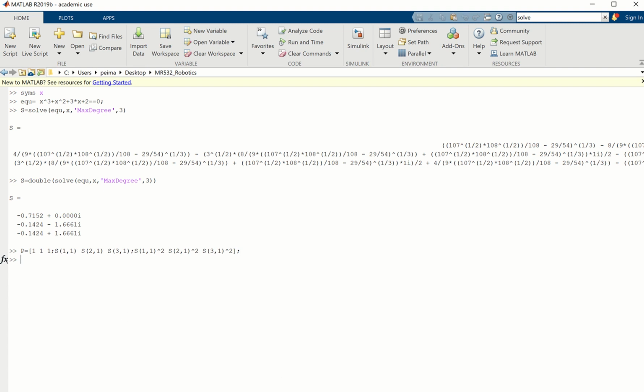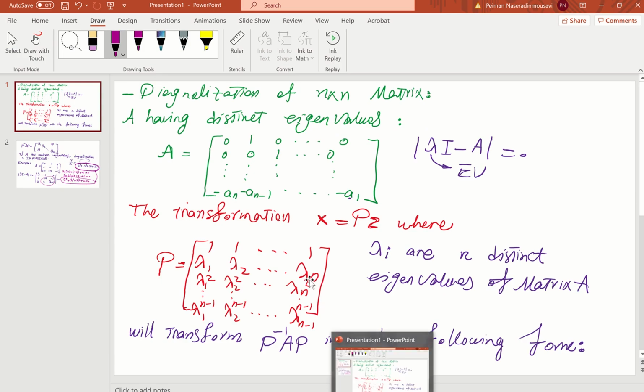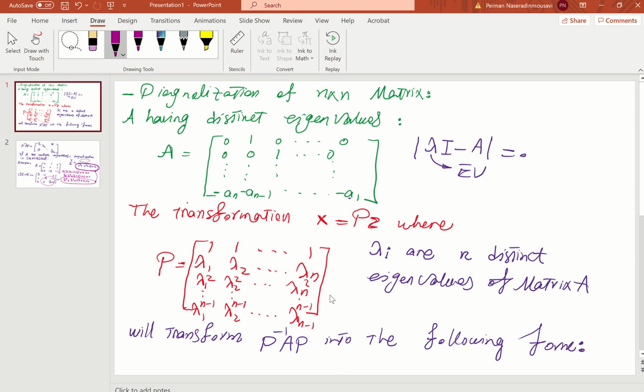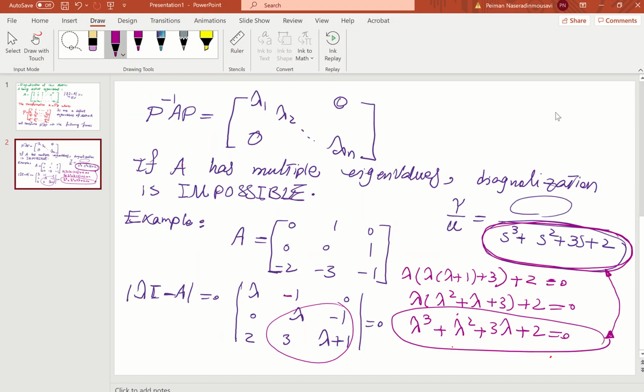Then, based on whatever I taught you, if you find P inverse AP, you have to say inv of P in MATLAB, multiplied by the original A. Our example was 1, 0, 0, 0, 0, 1, and minus 2, minus 3, minus 1.